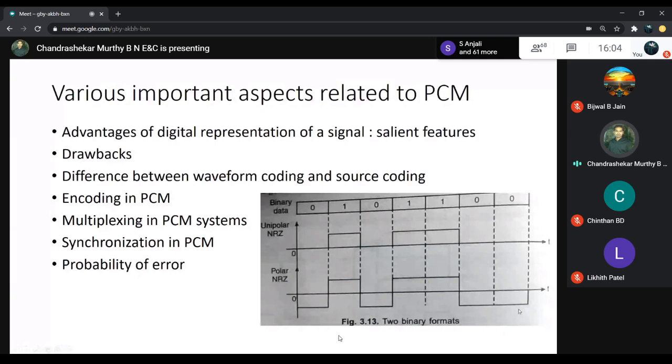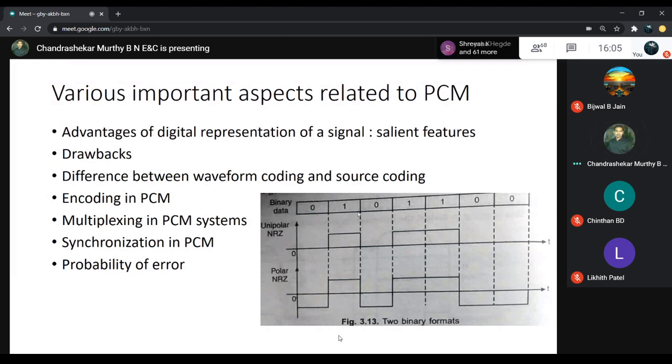The same thing continues. We are converting the binary numbers: after quantization, we represent the signals in the form of binary, giving zeros and ones at each level of quantization.